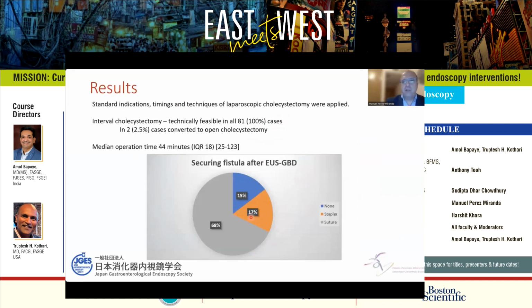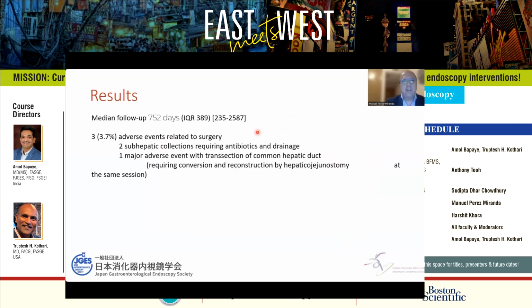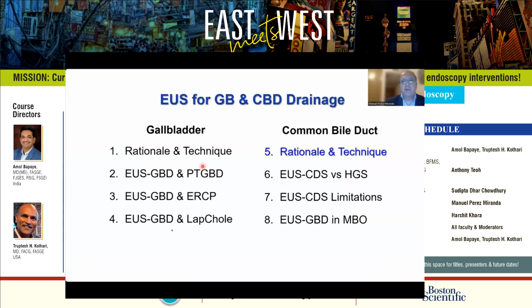And during surgery, fistulas were sutured or stapled, and the median operation time was 45 minutes. The procedure was successful in all patients. Postoperative adverse events were very good, 3.7%. So it would appear that lap chole is feasible after LAMS placement. However, this is a contingent issue.